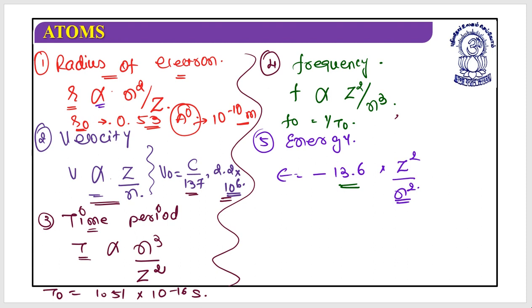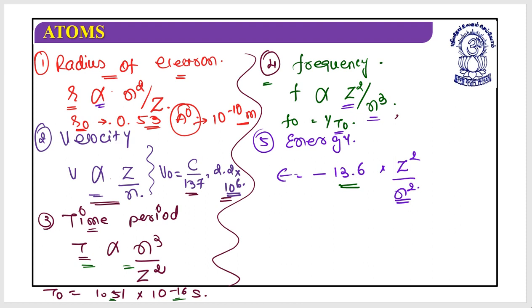Next, we have derived the time period. This time period was T directly proportional to n cube by Z square, and this T naught was 1.51 into 10 to the power minus 16 seconds. Next was the frequency, and the frequency was f directly proportional to Z square divided by n cube, or I should say f naught is equal to 1 by T naught.